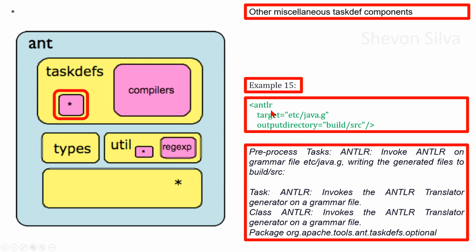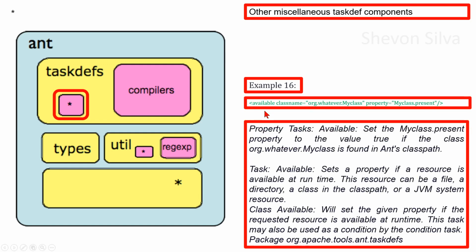The task ANTLR invokes the ANTLR translator generator on a grammar file. With regard to API, the class ANTLR invokes the ANTLR translator generator on a grammar file. This is in the package org.apache.tools.ant.taskdefs.optional.